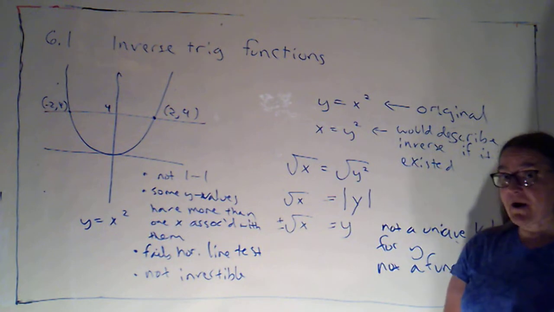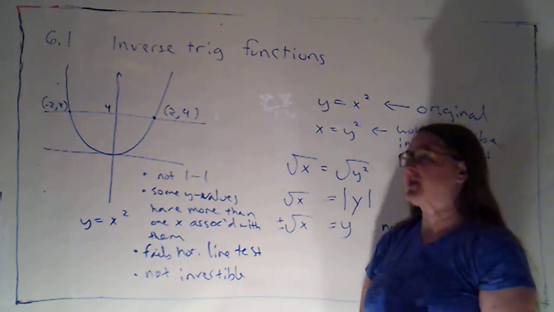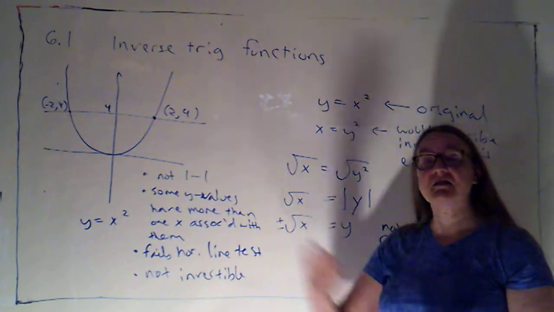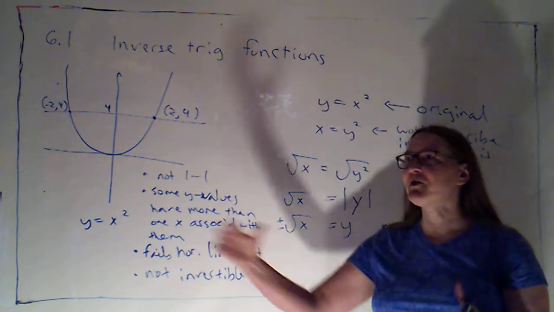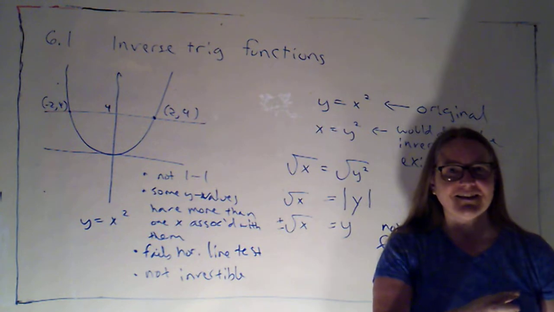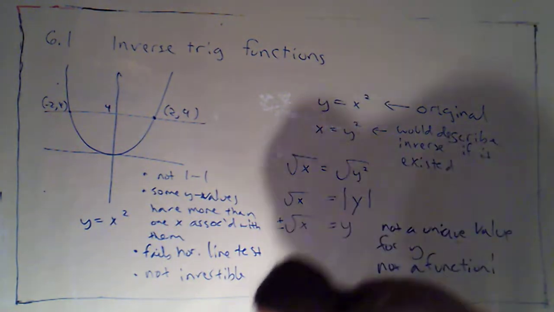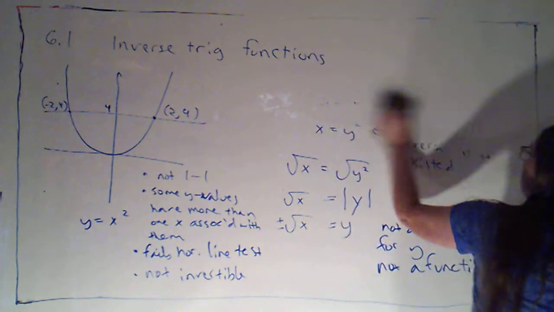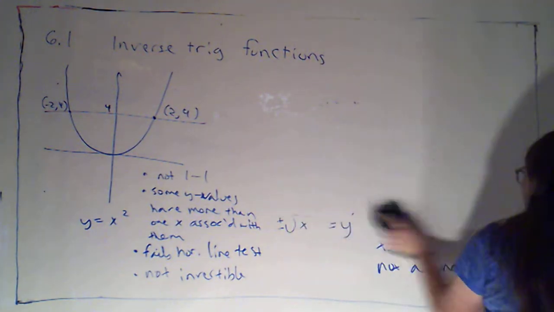Now, if I think about the graphs of my trig functions, they all fail the horizontal line test because they're all periodic functions. So whatever they do, they repeat. So y values are going to have more than one x value associated with them. So they're not going to be invertible.